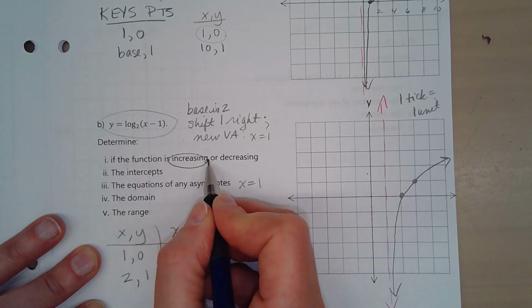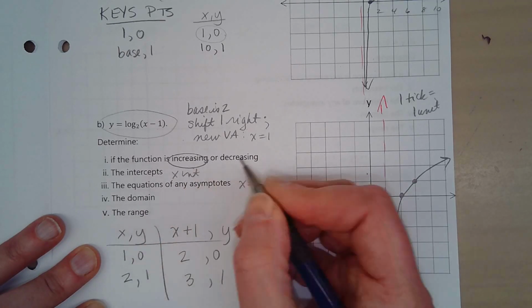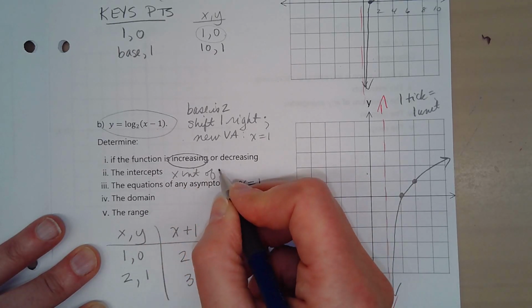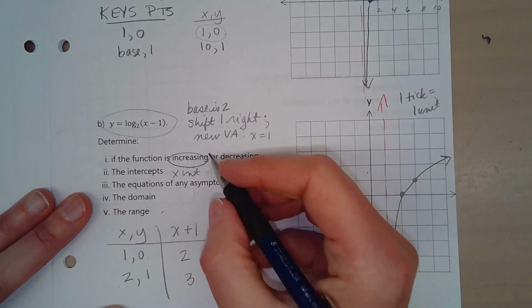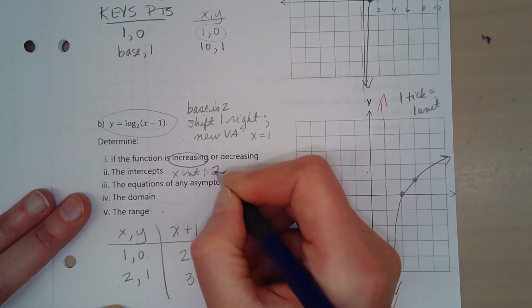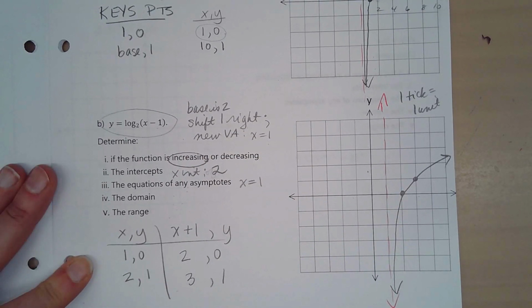Increasing. There's an x-intercept of 2. What's the domain and range?